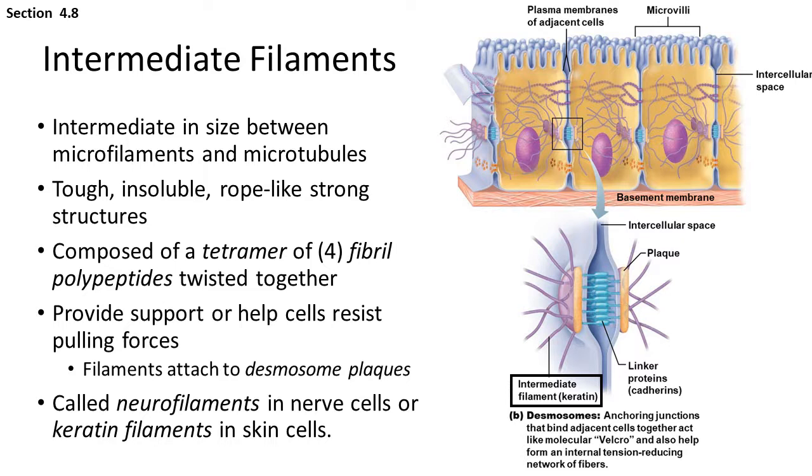Intermediate filaments are intermediate in size between the microfilaments and the microtubules. They are made of tough, insoluble, rope-like strong structures that are a tetramer of 4 fibropolypeptides twisted together.